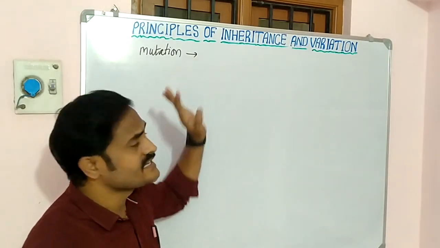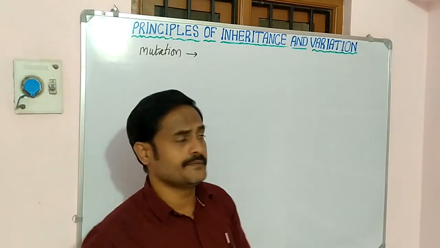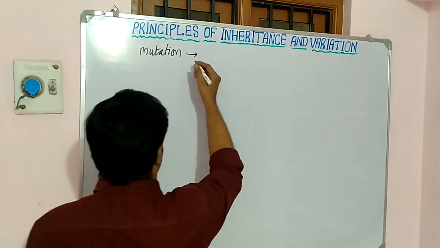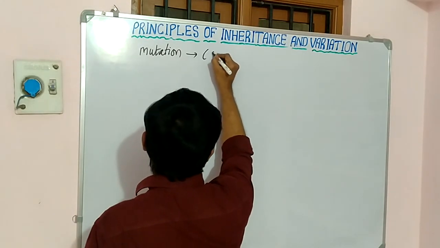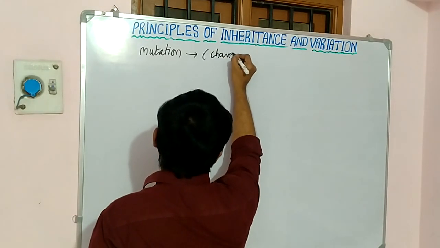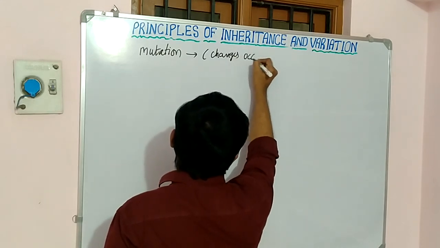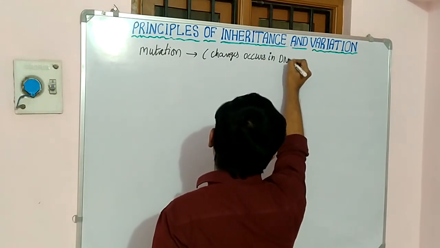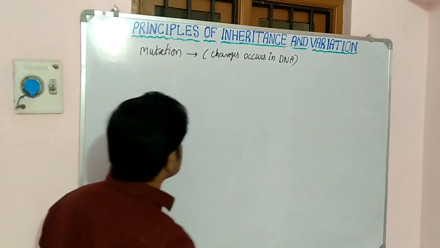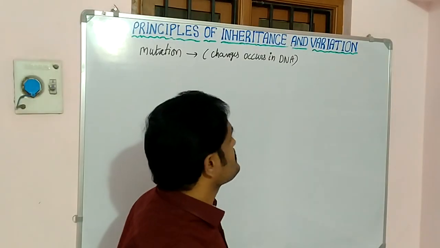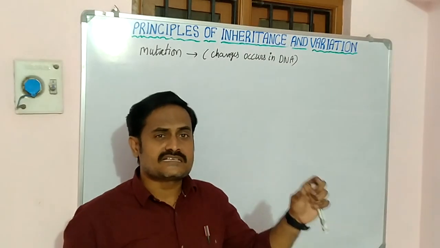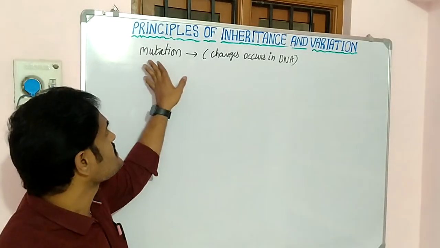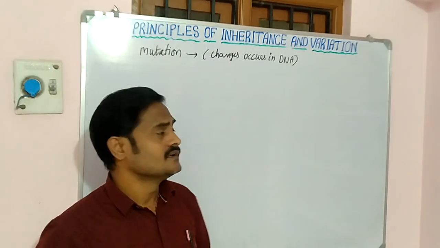Such kind of changes are called a mutation. So, what is mutation? Changes occurring in DNA. Such a process is called mutation.